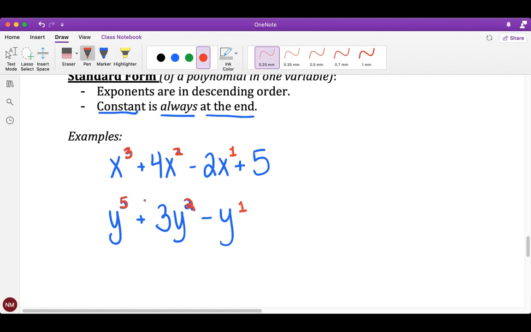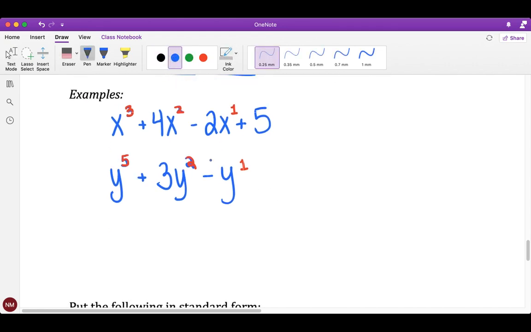Even though 4 and 3 are not here, and you have no constant, it's still in standard form because it goes from greatest to least. Now, what is my constant if it's not here? Technically, if a whole number is not there, it is 0. So my constant is 0, but we don't write it because there's no need for it.